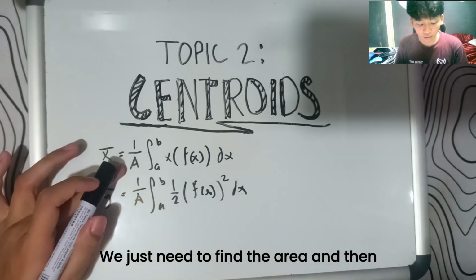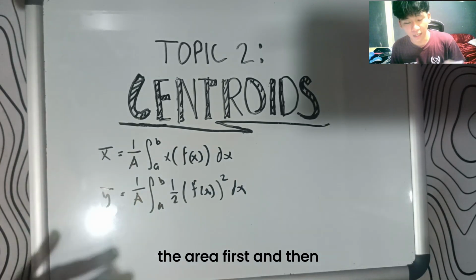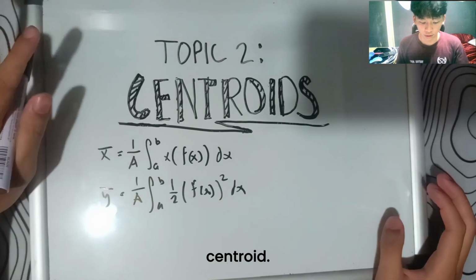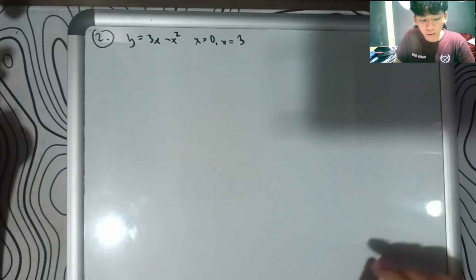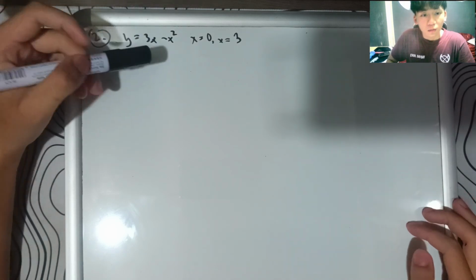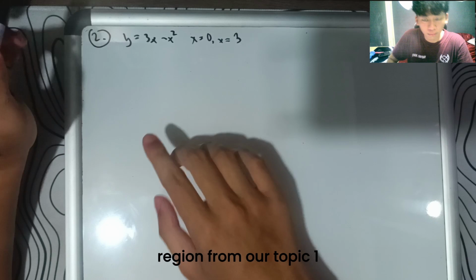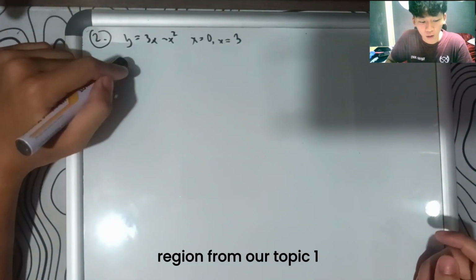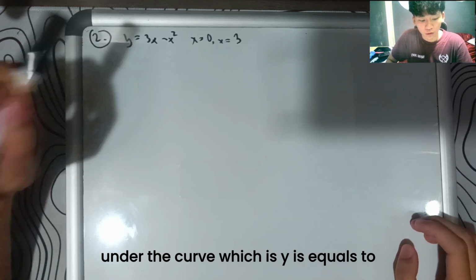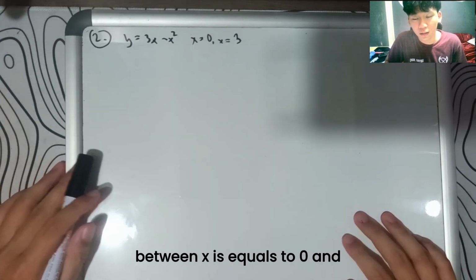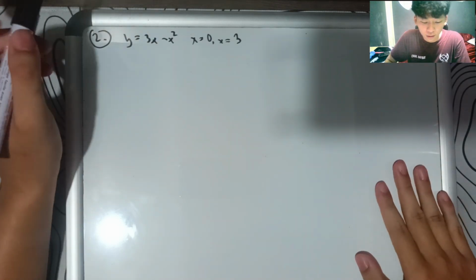We just need to find the area first, and then we can solve for the centroid. So on to our problem. We'll find the centroid of the same region from our topic 1, which was finding the area under the curve y equals 3x minus x squared between x equals 0 and x equals 3.